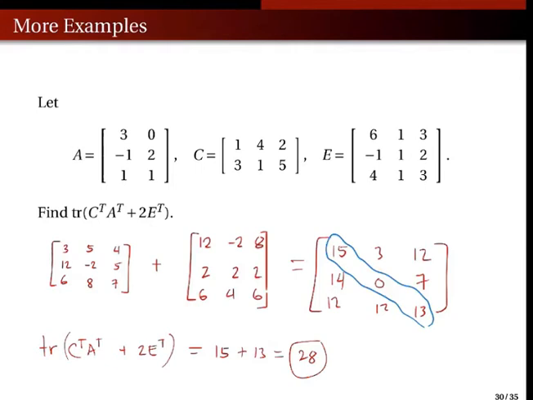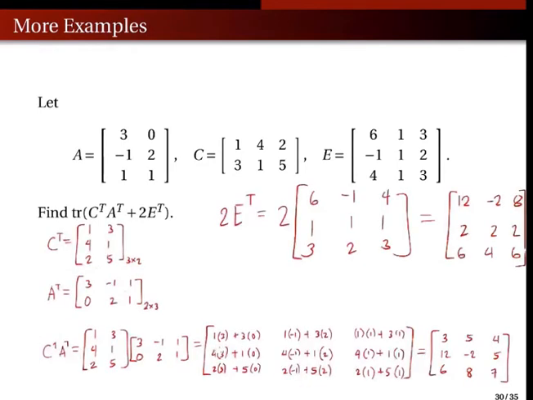Sometimes I accept that, especially for this case here, where I only want the trace of this guy here. So if we go back to the previous slide, since I only want the trace of this sum, what students do is just compute the entries in the main diagonal.